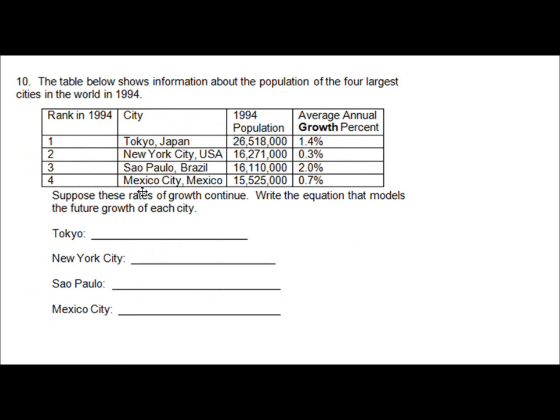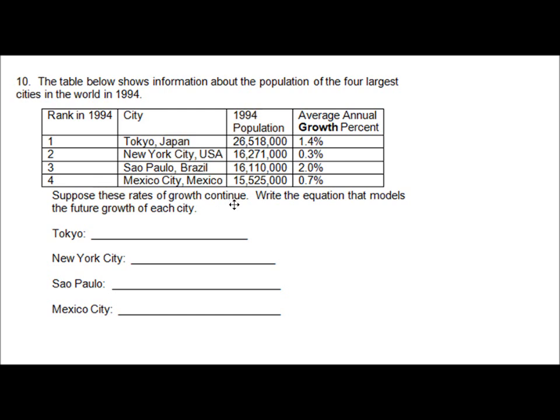So let's look at the 10th question in your worksheet. This is a real life situation again. The population of the 4 largest cities in the world in 1994 is given here. Suppose these rates continue to grow, what is the equation that models the future growth of each city? So look at this. For Tokyo, this is the initial amount.